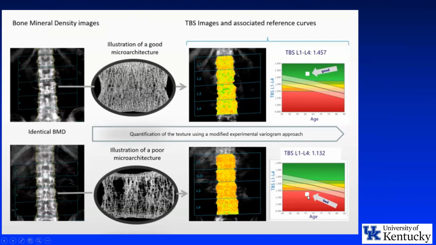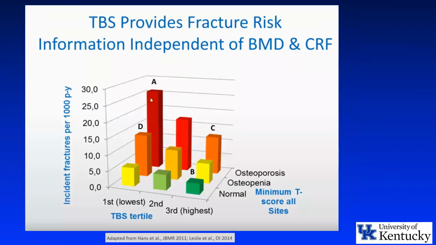If it is less than 1.2, that's bad. This means that the bone quality is bad, the microarchitecture is bad. And I want you to focus here because these patients, group A, they have osteoporosis, right? So their bone density, bone quantity is bad.